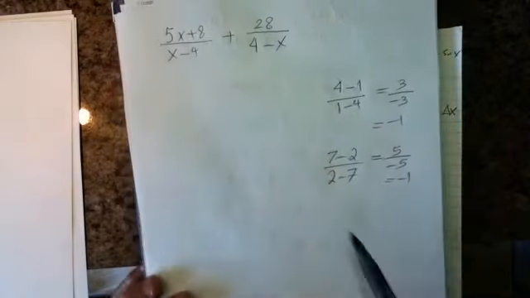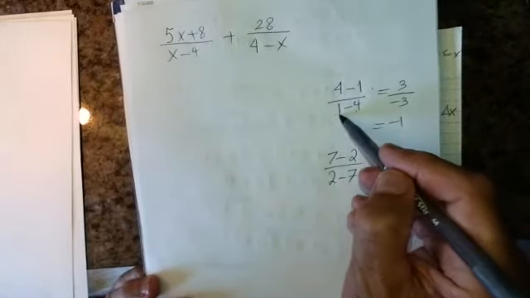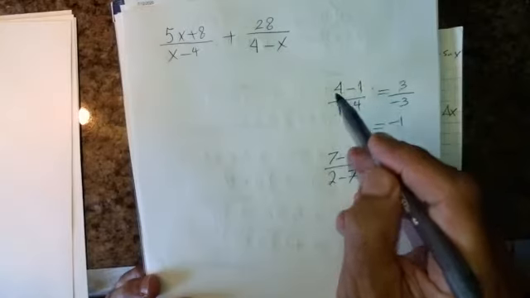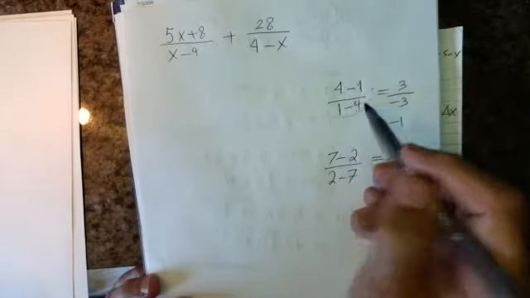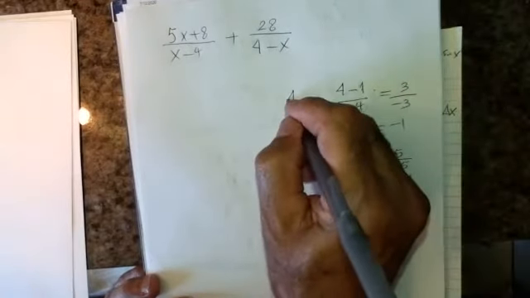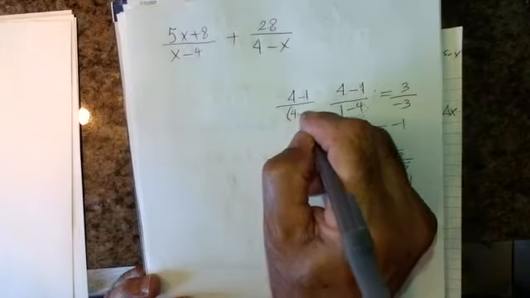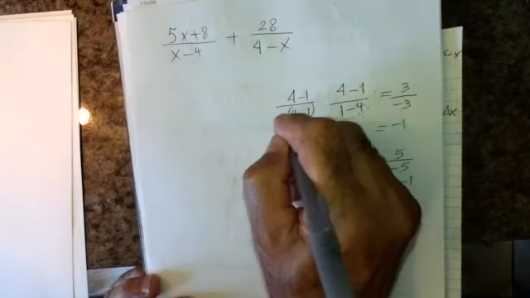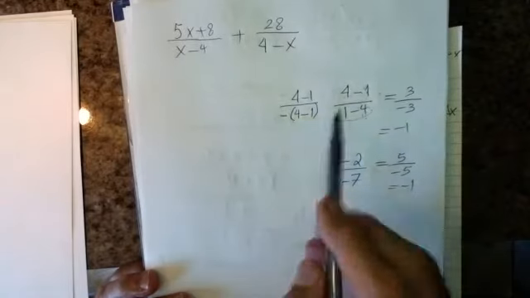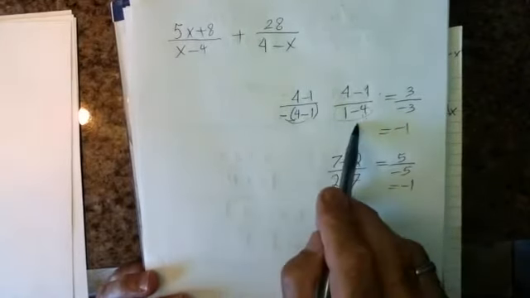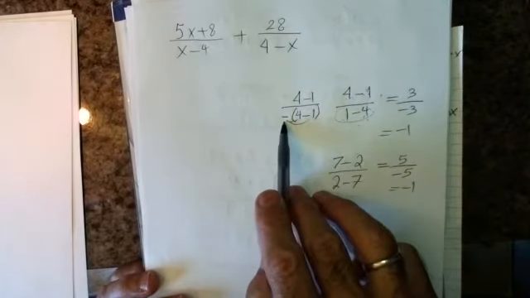If you have 4 minus 1 and 1 minus 4, look, 1, negative 1, 4, negative 4. What you could do, you could take one of these, write the other one, and just put a negative sign outside the parentheses. Minus 4, when you distribute this, that's what you get. So the only difference between these two is the negative sign, you understand?